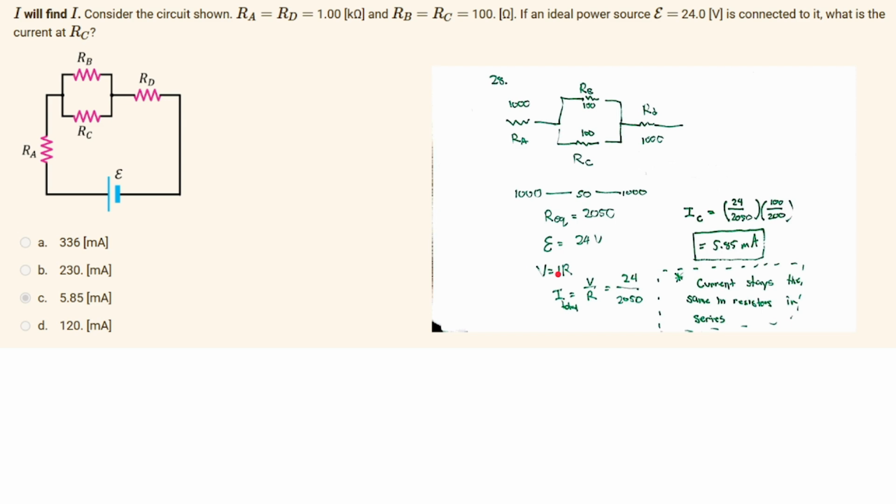So using V = IR, we know that the current of the entire circuit is 24 over 2,050. And then to get the current in RC, we just get the total current times 100 divided by the parallel circuits.